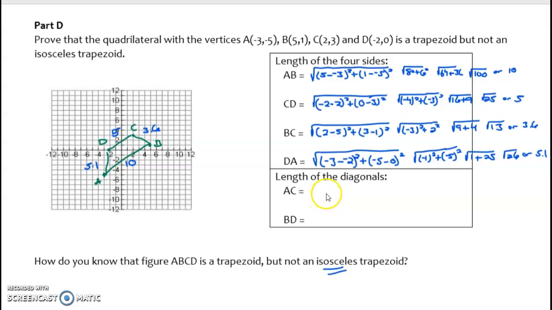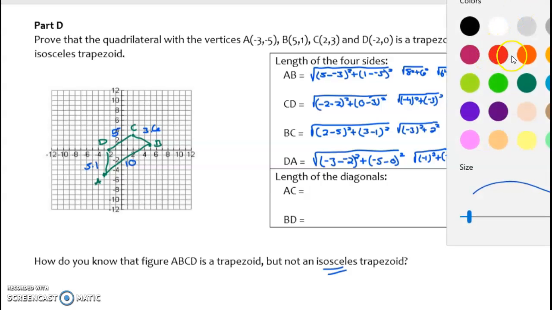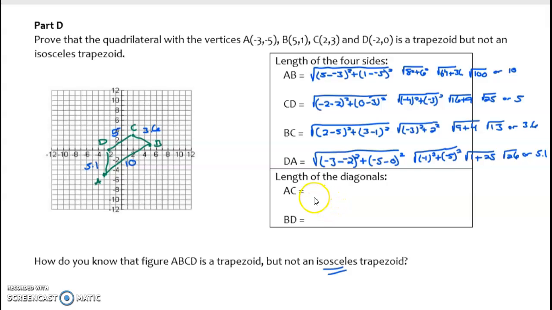Now another check for the isosceles though is the diagonals should be the same. So let's go ahead and go through that one. I'll show you how I probably would have done it myself. AC. We're going to go with this diagonal right here, using A and C. So AC: 2 minus -3 squared plus 3 minus -5.